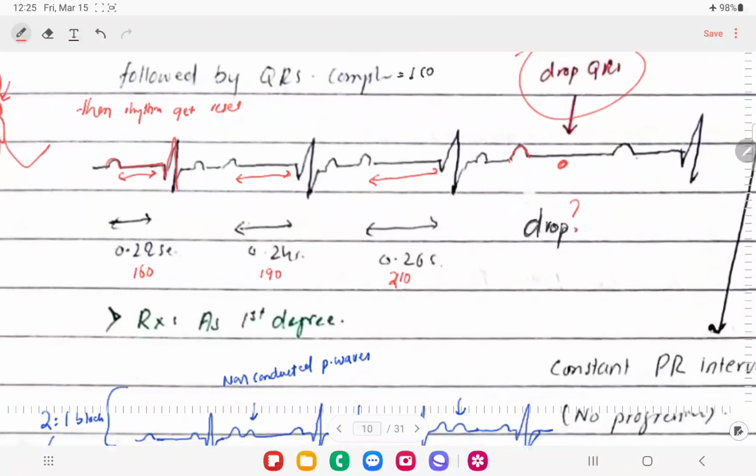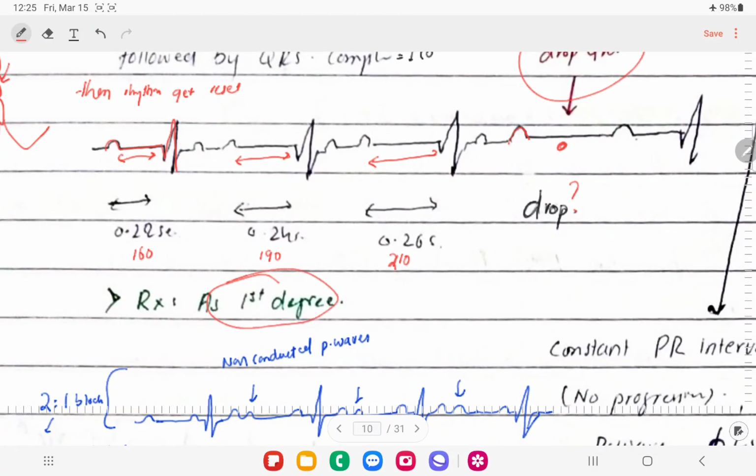We treat it like first degree. If the patient is symptomatic, we give atropine 1 mg IV, or we can go for temporary pacing.